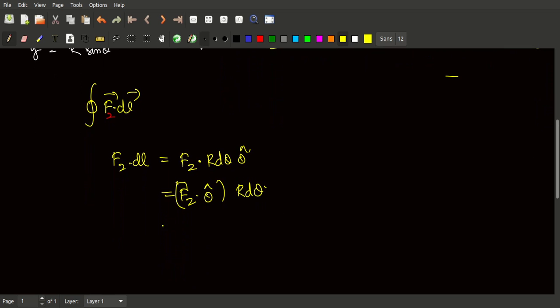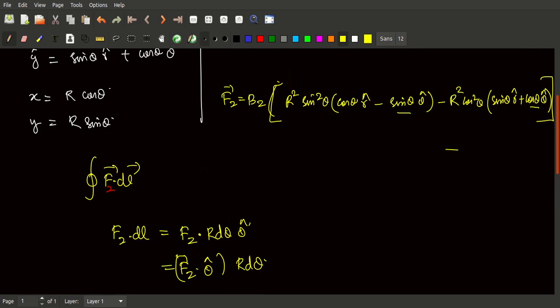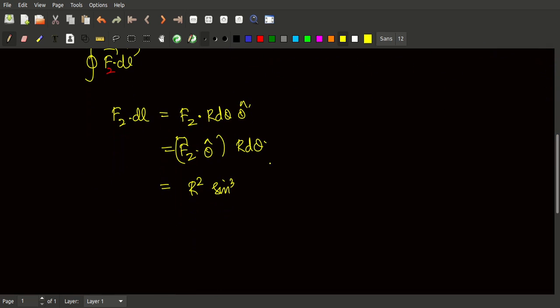That will be R square sine cube theta, which comes from here, and it is negative, minus R square cos cube theta. So minus of sine cube theta plus cos cube theta into R d theta. This is what you will get. Fine, I hope this is clear for everyone. So now we have the form of F2 dot dl.